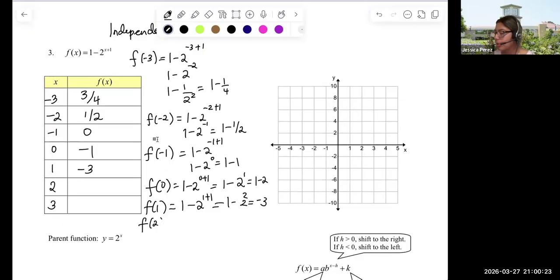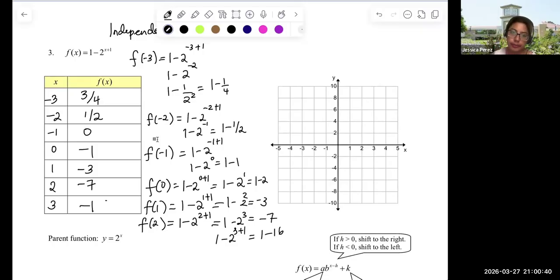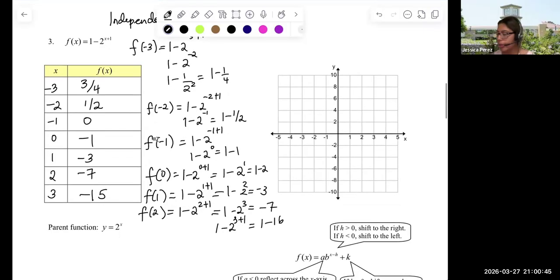F of 2 is 1 minus 2 to the 2 plus 1, 1 minus 2 to the third, or 1 minus 8, which is -7. And then f of 3 is 1 minus 2 to the 3 plus 1, which is 1 minus 16, or -15. Now I have all of my points, and I'm going to go ahead and start by graphing.